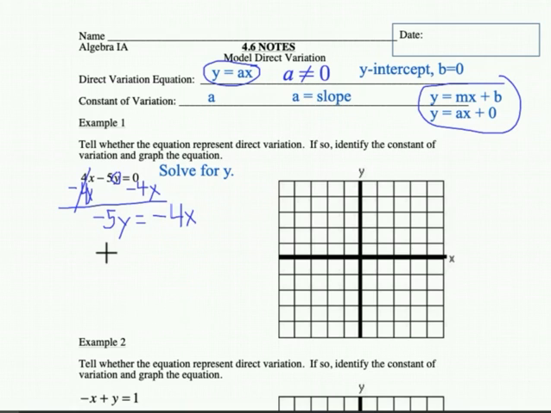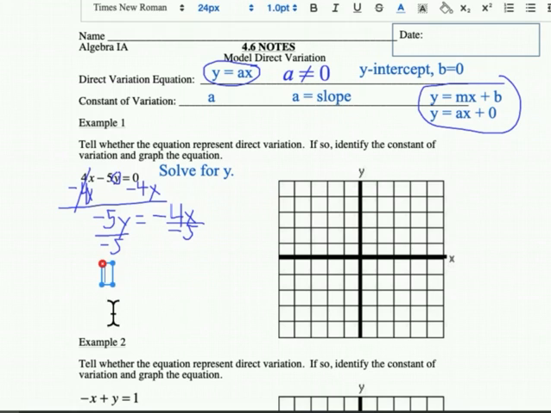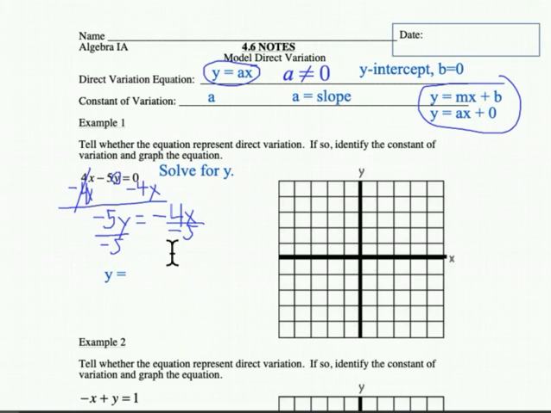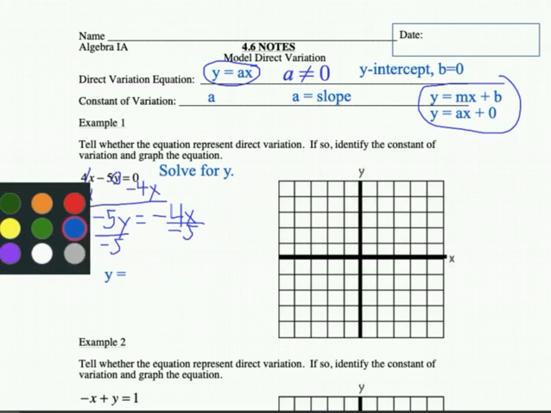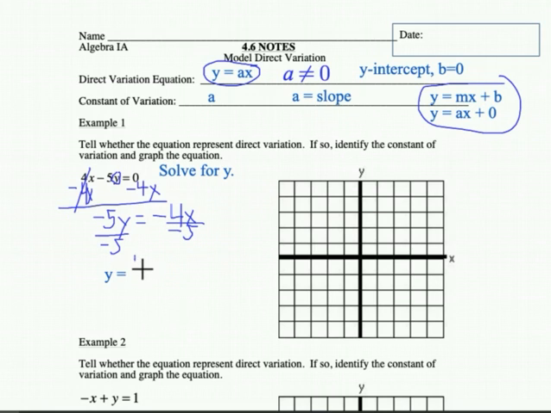The next thing I need to do to each side of the equation is divide by negative 5. So I'll go ahead and do that. And I can see that what I'm going to be left with is this equation: y equals, on this side, the fraction being multiplied by x, negative 4 over negative 5, which is going to be 4 over 5 positive, because a negative over a negative is always going to be positive.